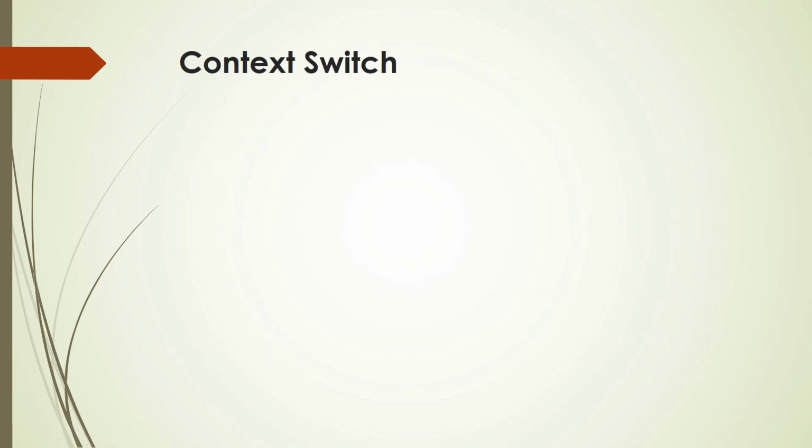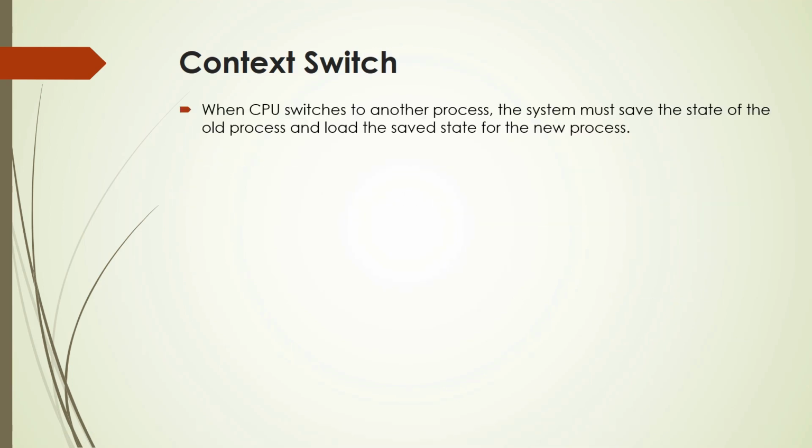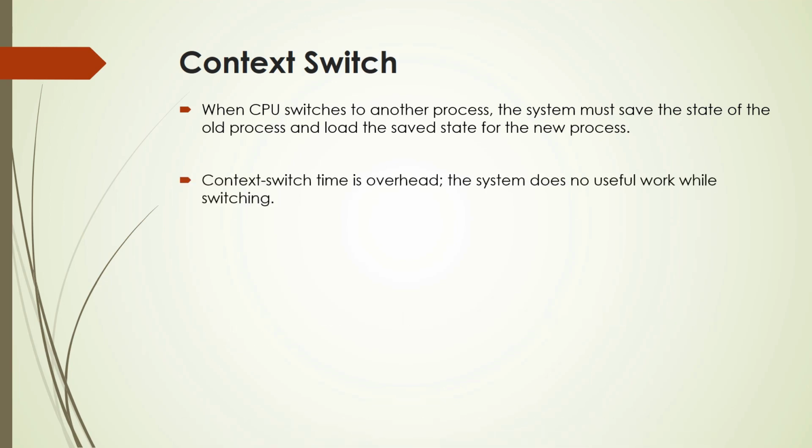Coming to context switch, when the CPU switches from one process to another, the system must save the state of the old process and load the saved state of the new process. We have already seen this in the last video lecture. Context switching time is overhead. The system does no useful work while switching. So the more the switching, the more the time the CPU will be idle, so it will not be doing any task.